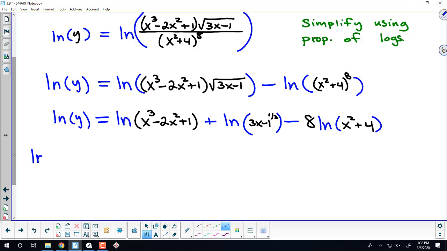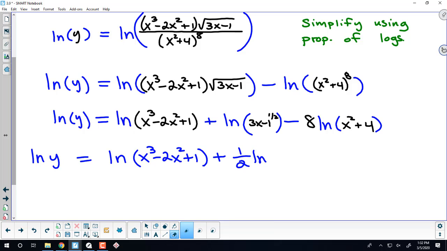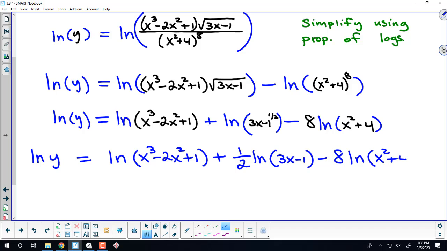So the only other step we can perform is moving the square root, the power, out front to multiply the other logarithm. So we have the natural log of x cubed minus 2x squared plus 1 plus 1/2 natural log of 3x minus 1 minus 8 natural log of x squared plus 4.